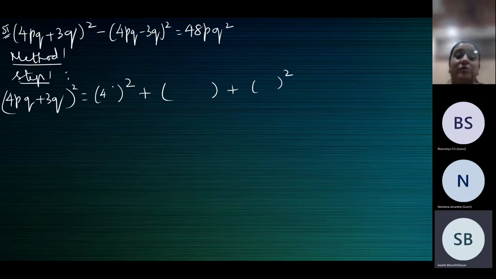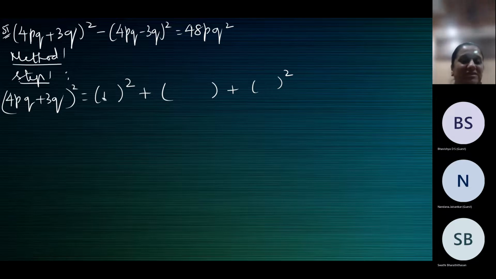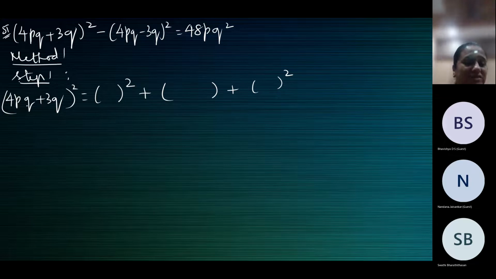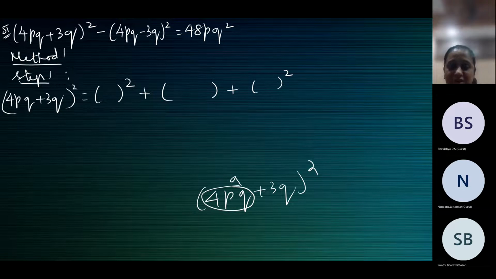2pq, ma'am. No. 1 minute. How 2pq? See here, children. Read this. Good, you got the doubt. How do you read this? This is (a plus b) the whole square.